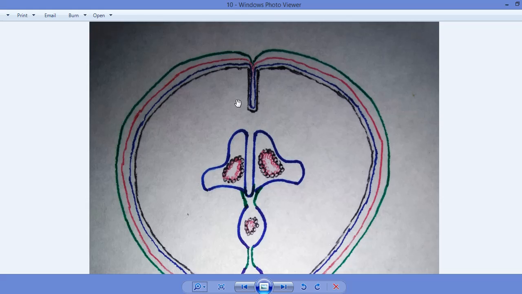This is the longitudinal fissure of the brain. Inside the longitudinal fissure, the dura mater is protruded to this area.